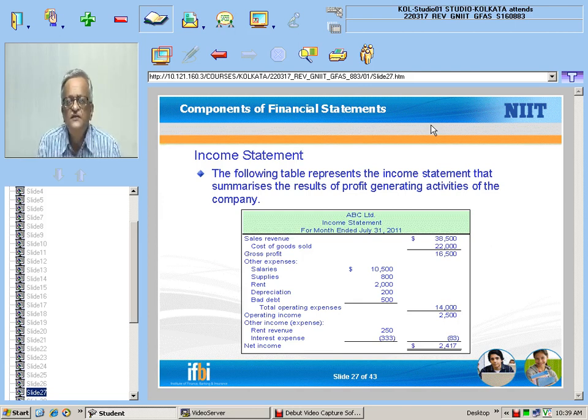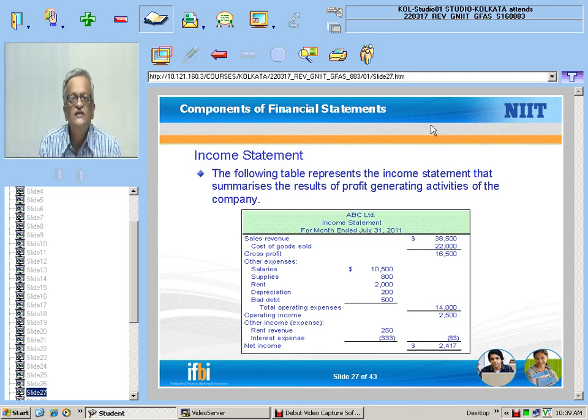Now income statement. The following represents the income statement that summarizes the result of the profit generating activity of the company. So how is the income statement? So you can see on your screen, sales revenue minus cost of goods sold will give you the gross profit.